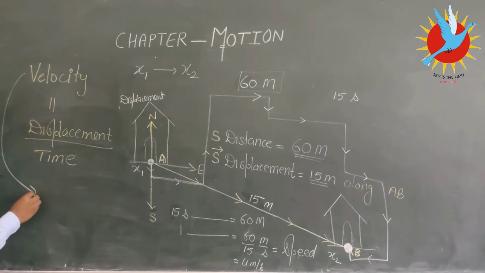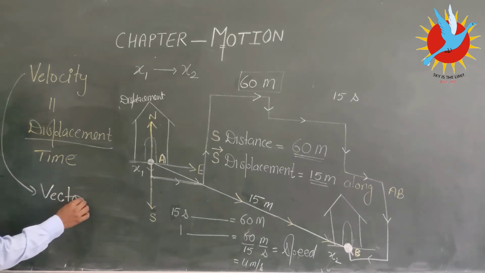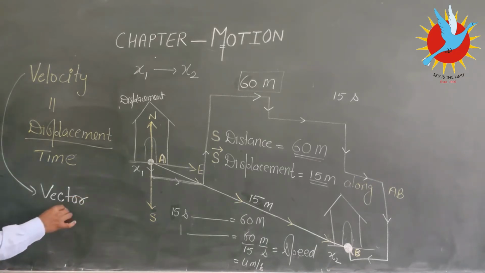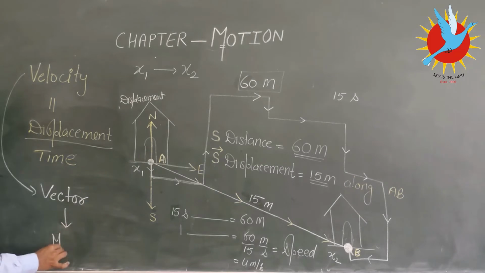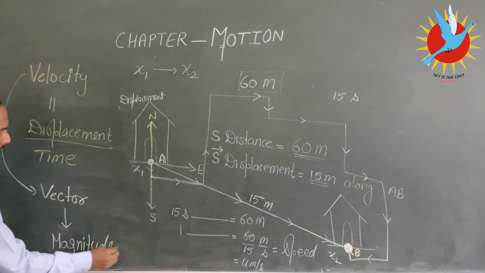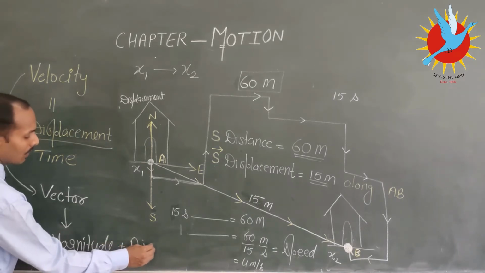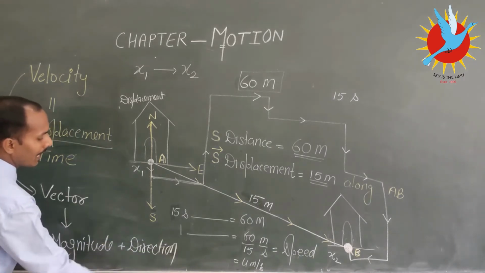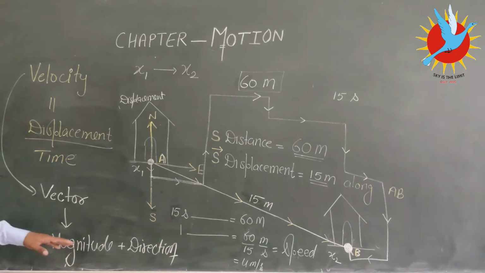Velocity is a vector quantity, and a vector quantity has magnitude as well as direction.